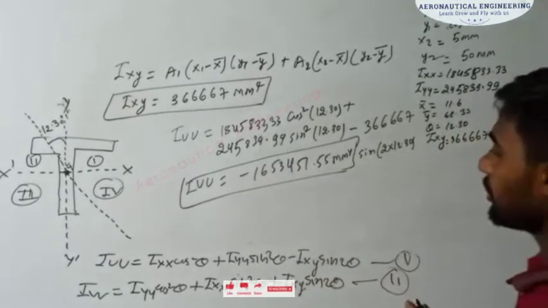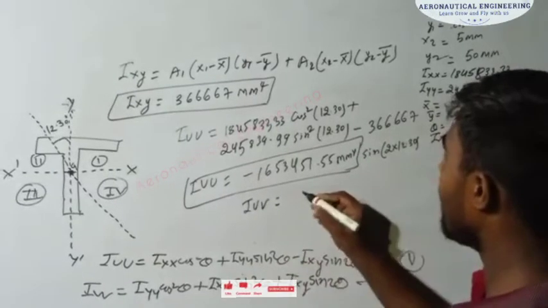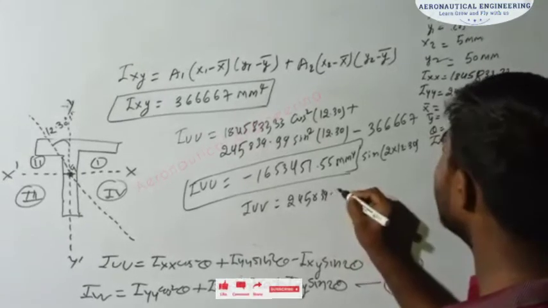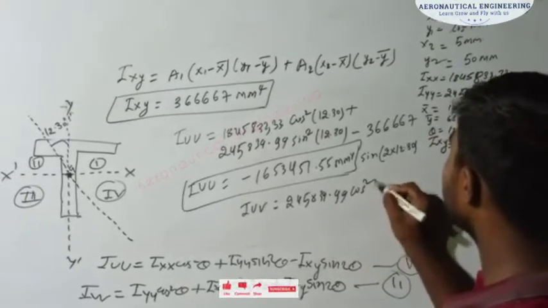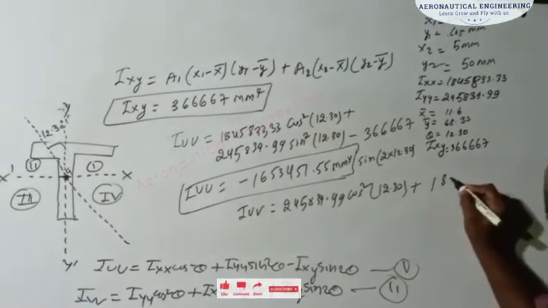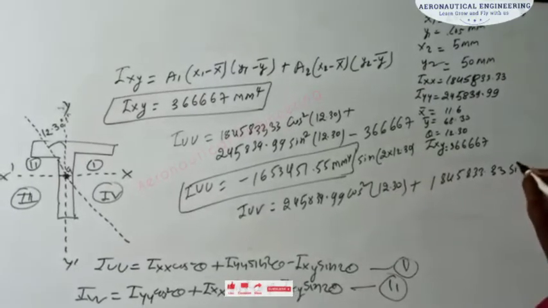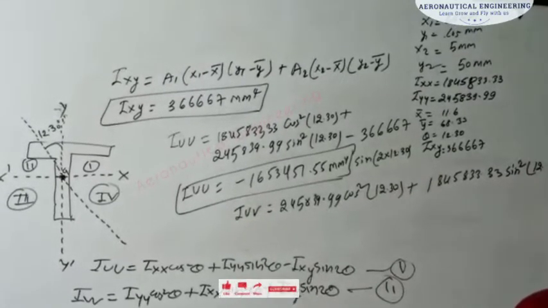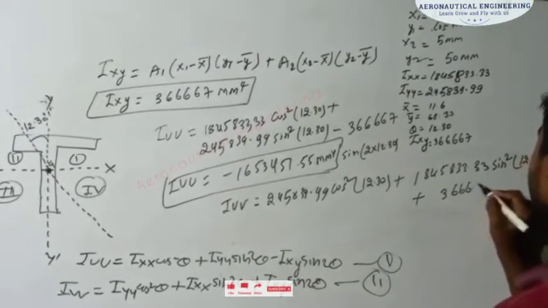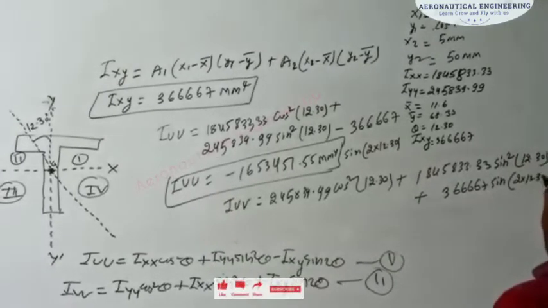Similarly, we substitute all the values in equation second. So IVV equals Iyy, 245839.99, times cos square of 12.30, plus Ixx, 1845833.33, times sin square of 12.30, plus Ixy, 3667, times sin of 2 into 12.30.